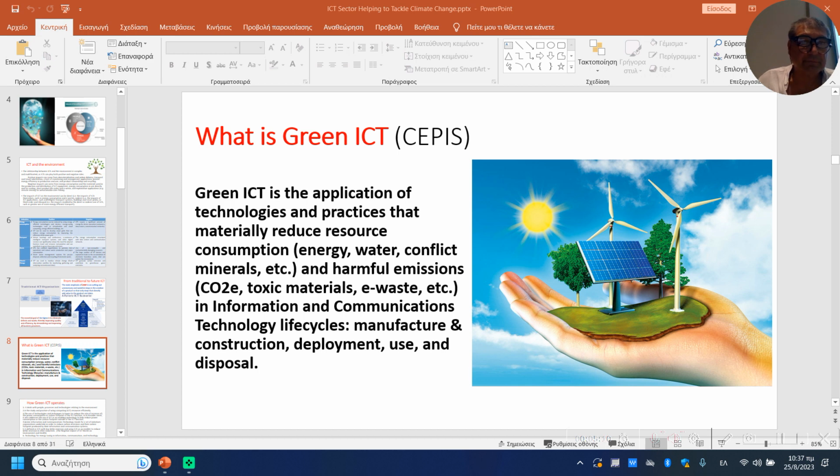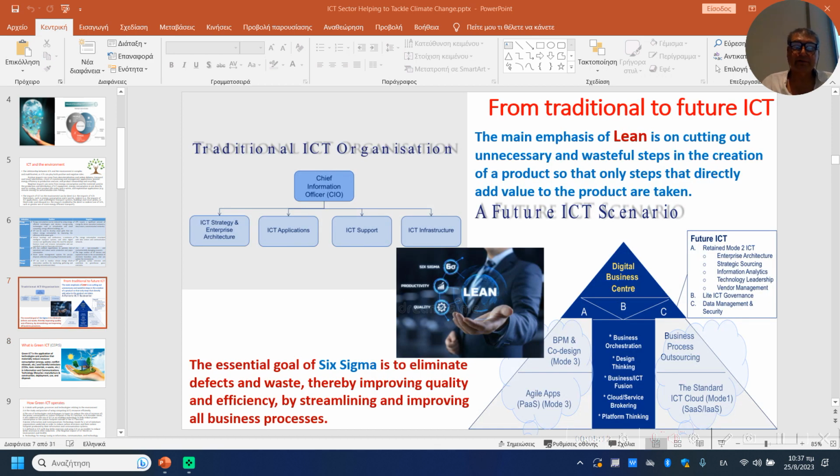What we have at the moment is a vast change of technologies in ICT. Here we have two new technologies which enter very fast the ICT, the way of interaction and the way of the procedures in ICT.